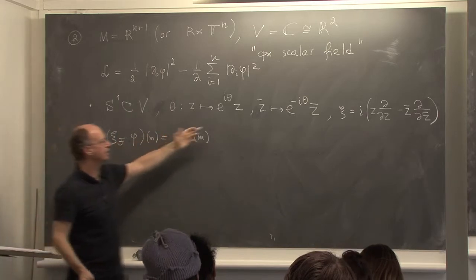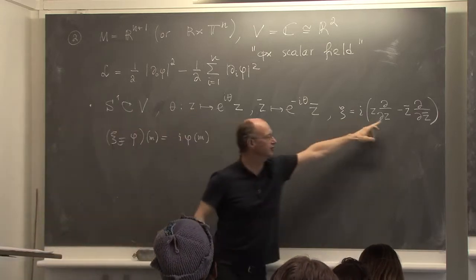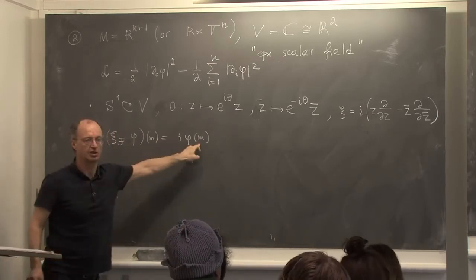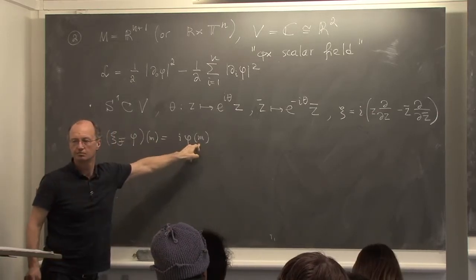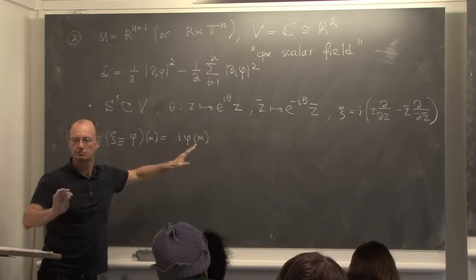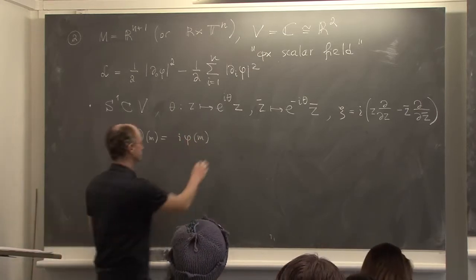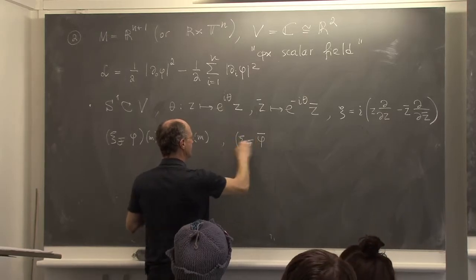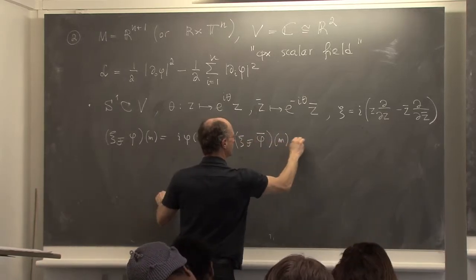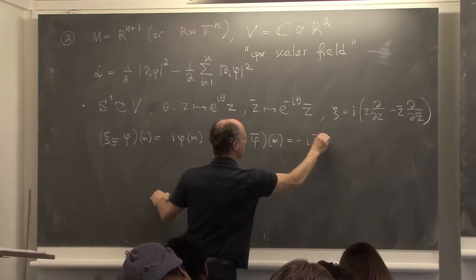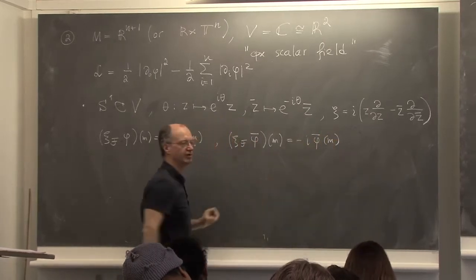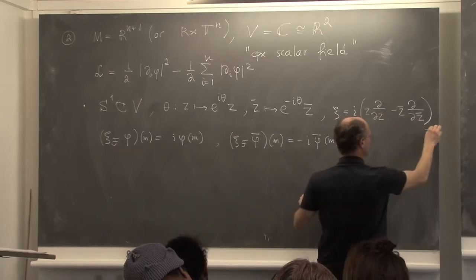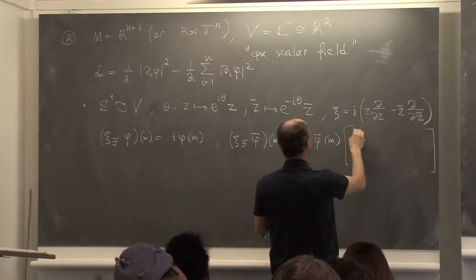So when you act on z by this vector field, you get i z. So when you act on phi, you get i phi. So similarly, psi_f phi bar of m is minus i phi bar of m. So phi bar is like z bar.